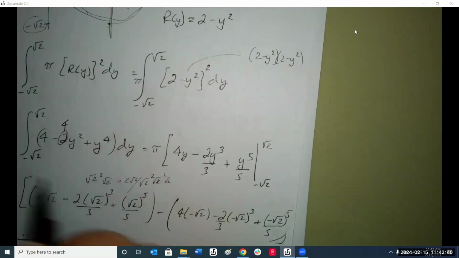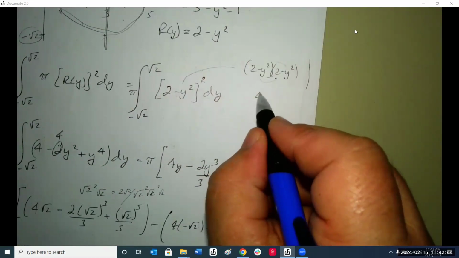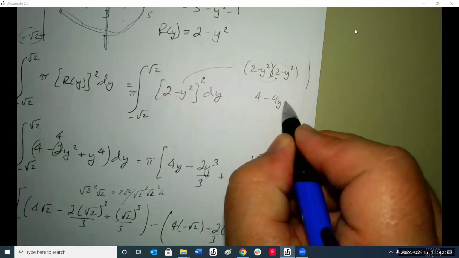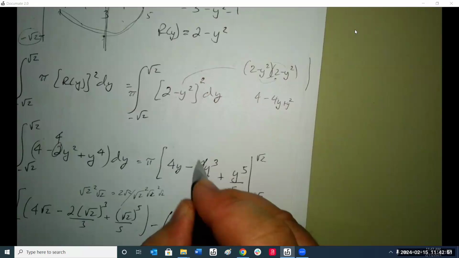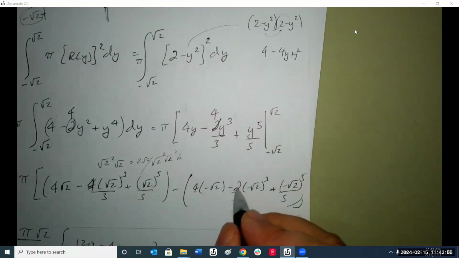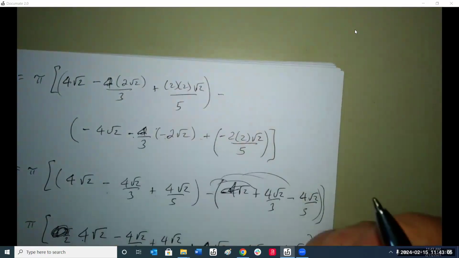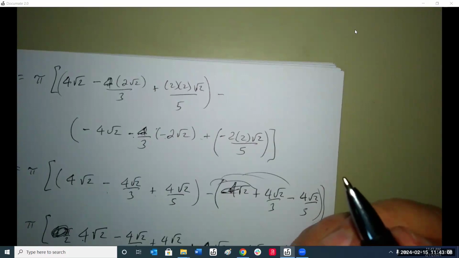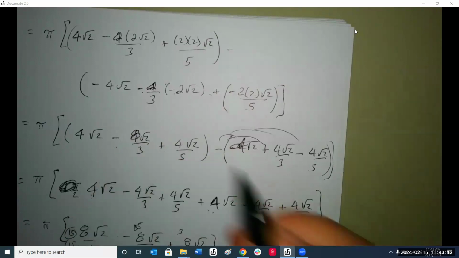That should be a 4 because 2, 2, so we have 4 minus 4y plus y squared. That's where it is. So we just change all these. So this should be an 8.